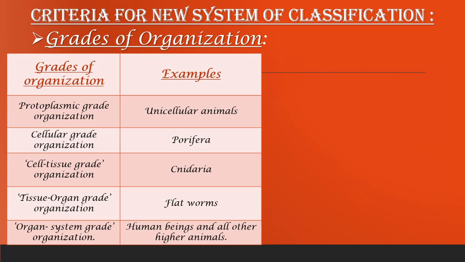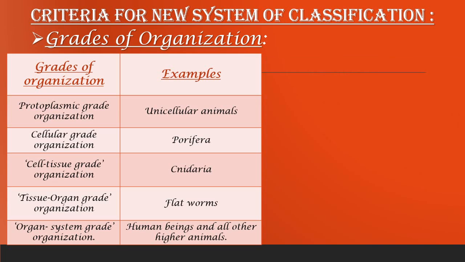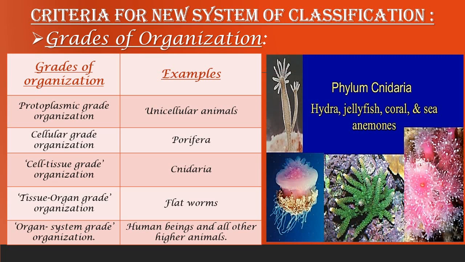It is seen in multicellular animals in which tissues are not formed. For example, porifera. Then the third grade organization is cell tissue grade organization. It is seen in some animals in which cells come together to form tissues and perform different body functions. For example, Cnidaria, that is example is hydra, jellyfish, coral and sea anemones.